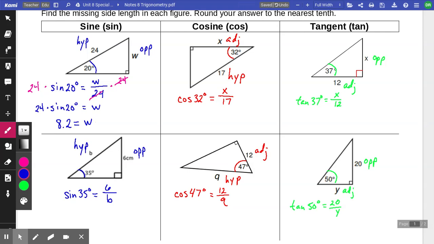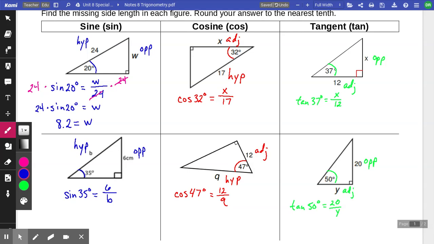So through a trig function here, we could find this missing side length when we didn't have any other option, because we couldn't use Pythagorean theorem, for example. We don't have two of the sides given. So trig is allowing us to find missing side lengths when we haven't been able to in the past.